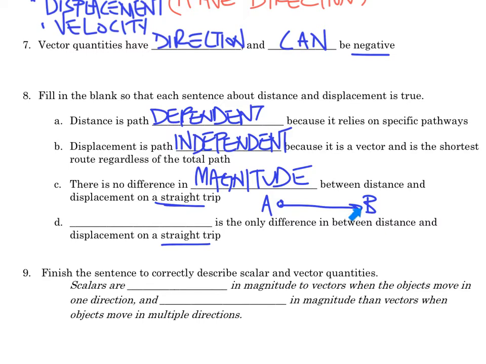If I ended at B, the shortest pathway back to A is also 2 meters. So in this case, there is no difference between distance and displacement on a straight trip. However, the only difference between distance and displacement on a straight trip is direction.